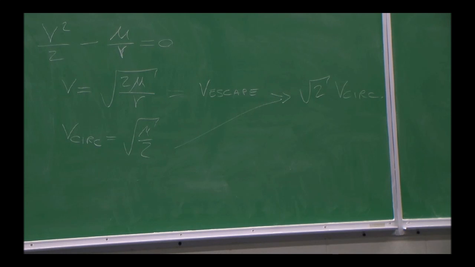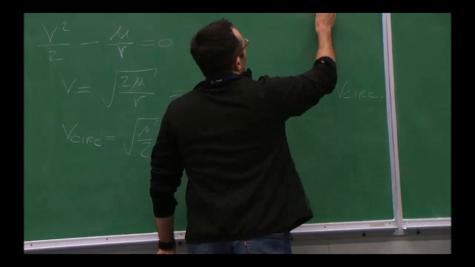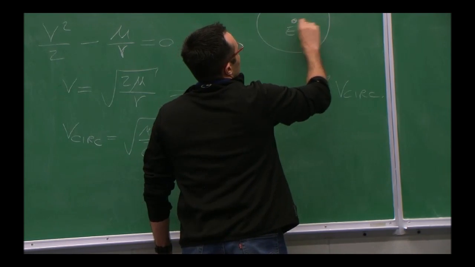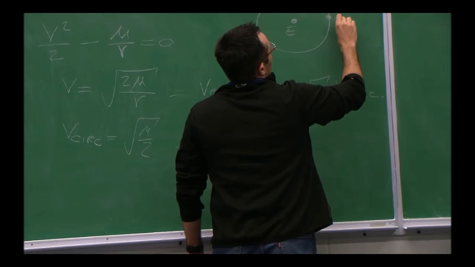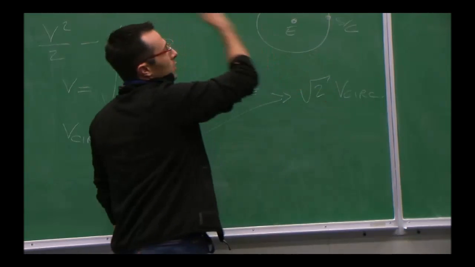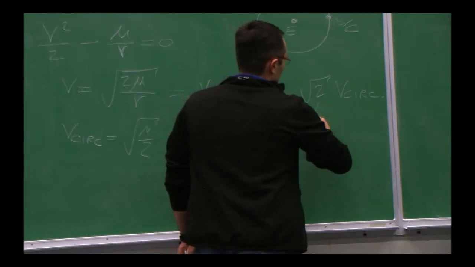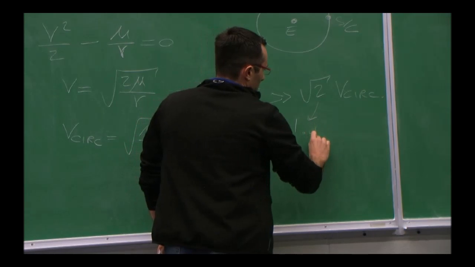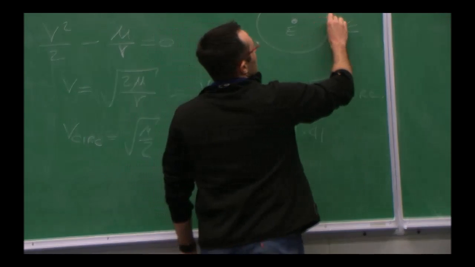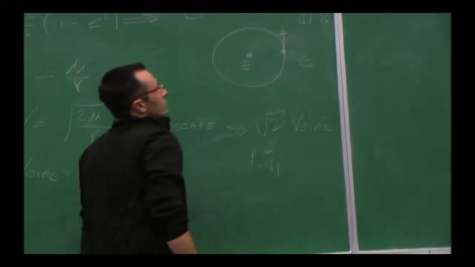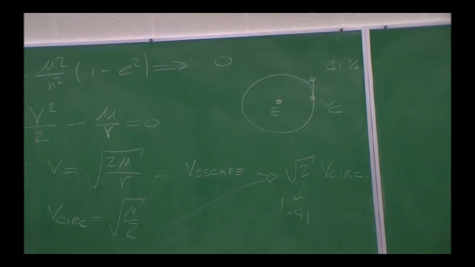So if you imagine that you are on a circular path, and at some point you decide that your spacecraft has to go away, to escape. Well then, what is square root of 2? This is about 1.41. It means that you need to give a 41% of your v circular boost to gain that additional velocity you need, right?